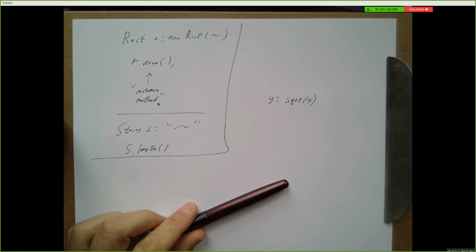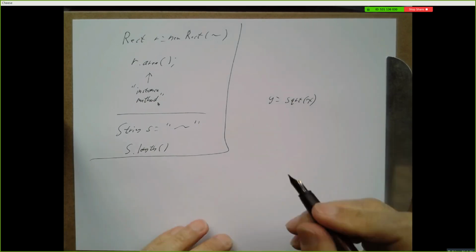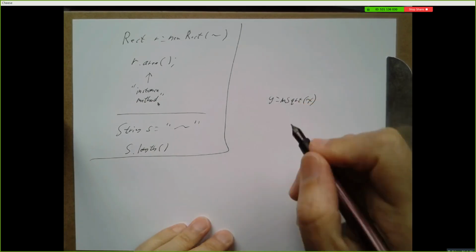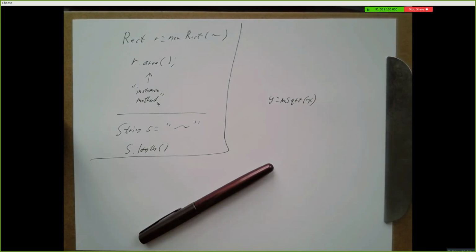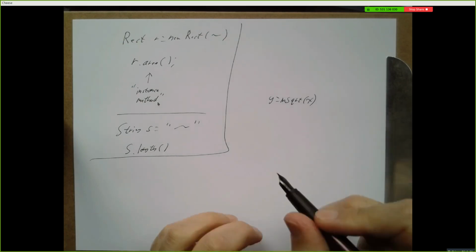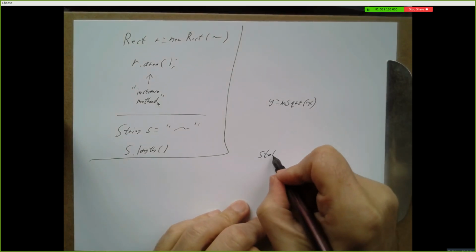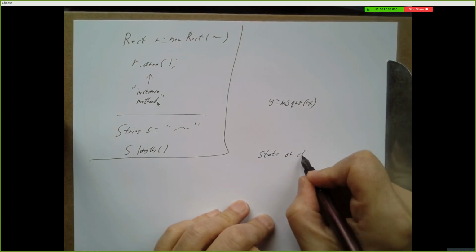If I had a math object, I might be able to say, you know, math object dot square root. But I don't really want a math object, right? I just want the square root function. So there's a special kind of method that we can make in a class. And this is something called a static method or a class method.